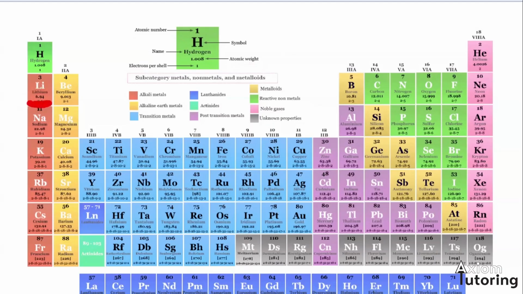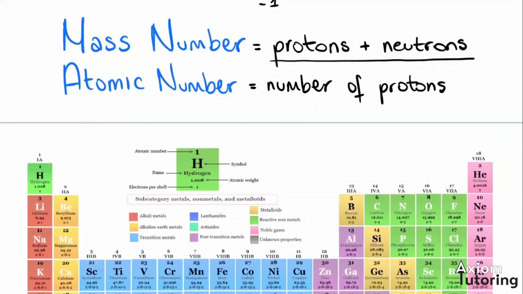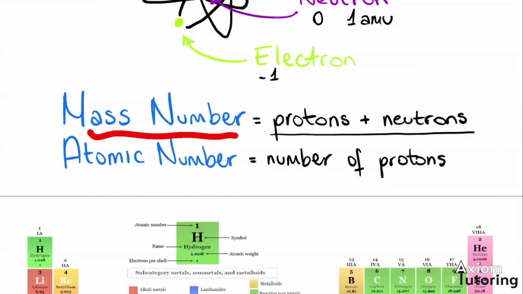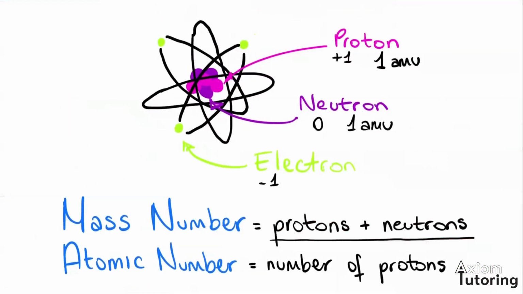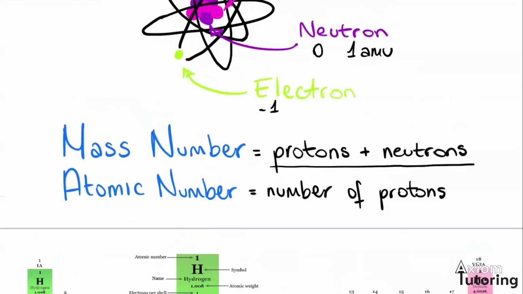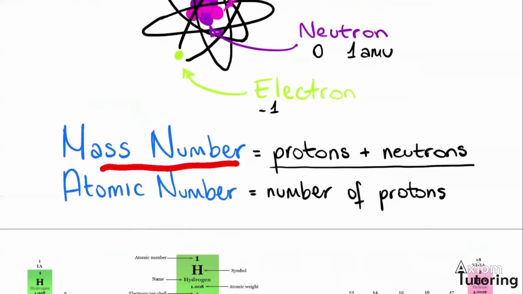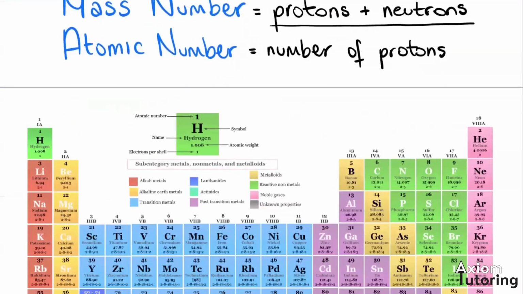Now, this might surprise you a little because I've mentioned that the mass number of atoms is the protons plus the neutrons. And in this case, there are 3 protons and 3 neutrons, so the mass number would be 6. So it's a little bit odd that on the periodic table it says that the atomic weight is 6.94.